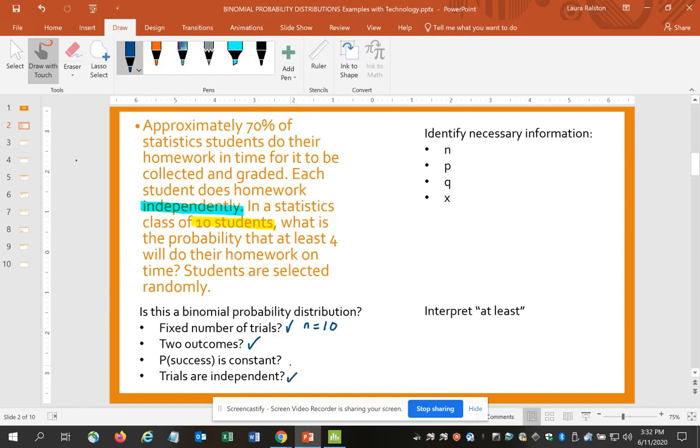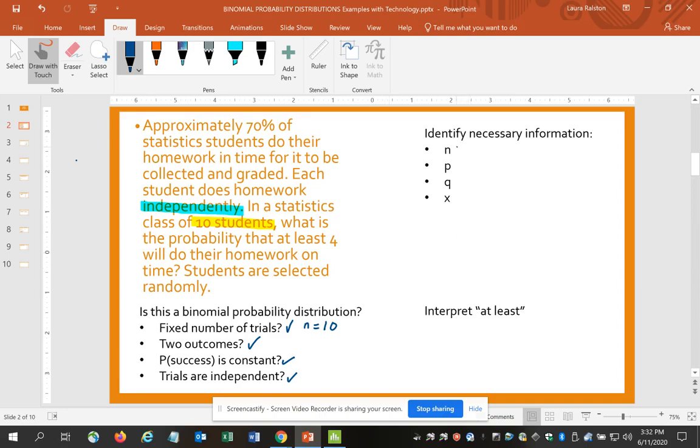And if our trials are independent, the probability of success is going to remain constant. There's no indication here that the probability is affected by anything, so again we have that sense that the probability is constant from problem to problem.